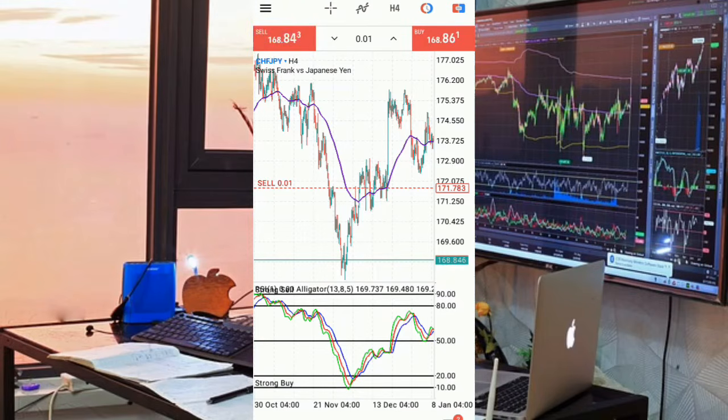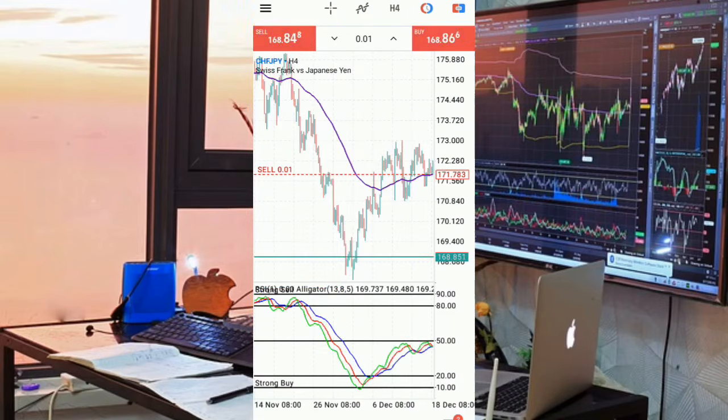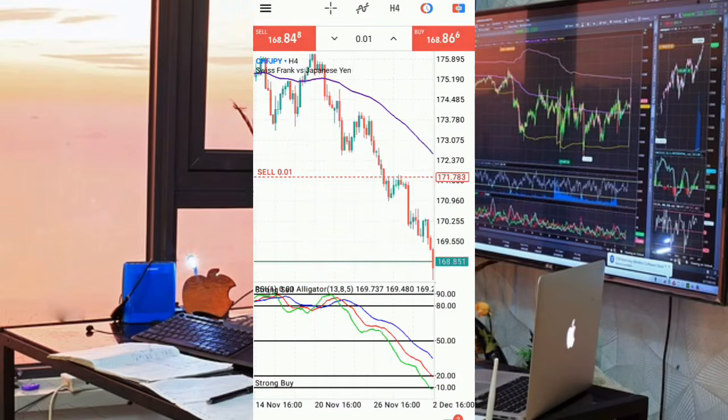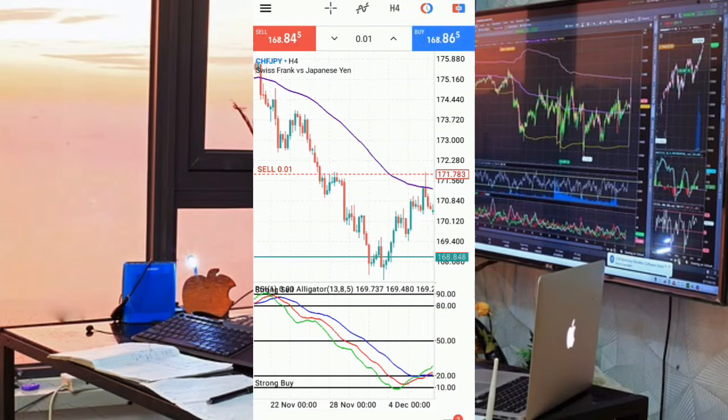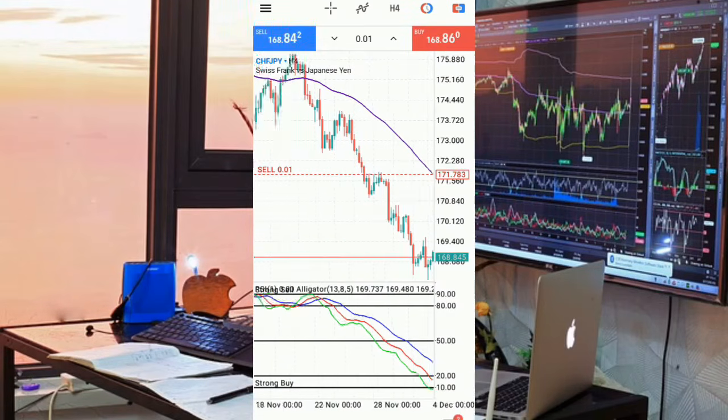For instance, if you can mind what we have down here on our screen, there was price range mostly around these places, but after price has been ranging, now price is opening on the alligator. If price is opening on the alligator like here, then you can confirm that we can be placing our sell entries after the breakout from here.